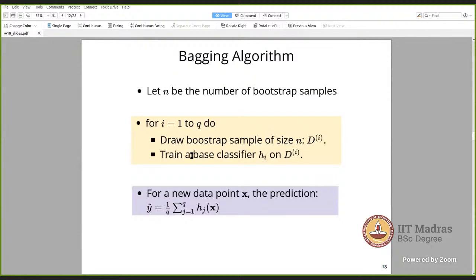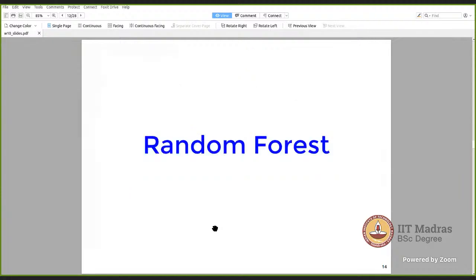You can have any base classifier, not necessarily decision trees. You train a base classifier on each of these bootstraps, and these base classifiers give you some prediction, so you get Q predictions. Then for any data point you want to predict, in case of regression, you will take the average. That's your general bagging algorithm.